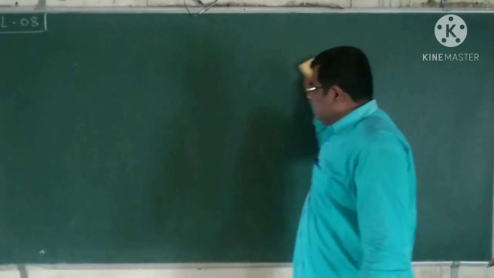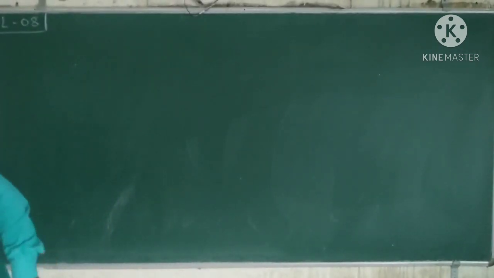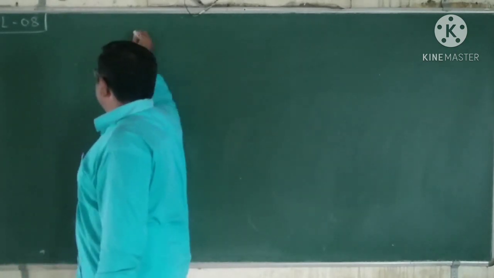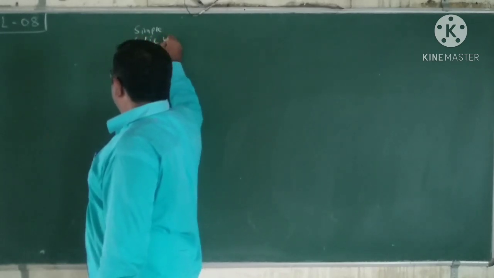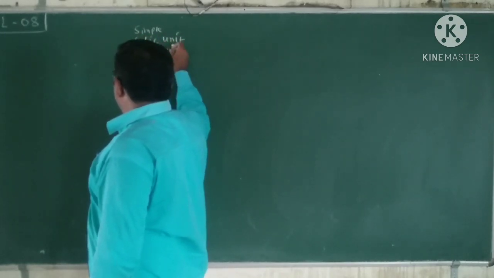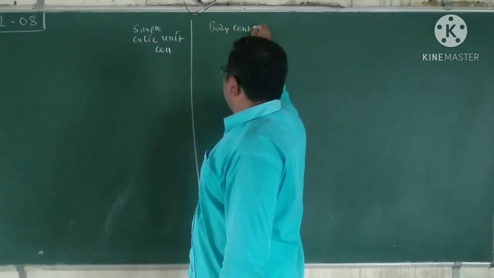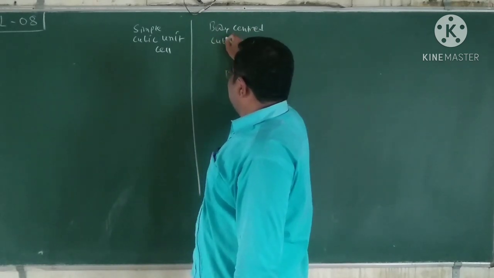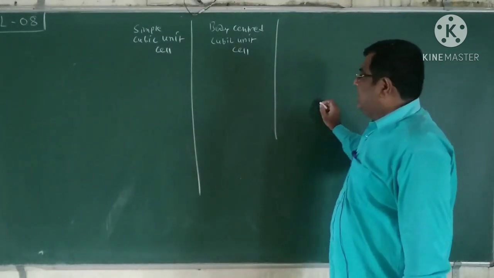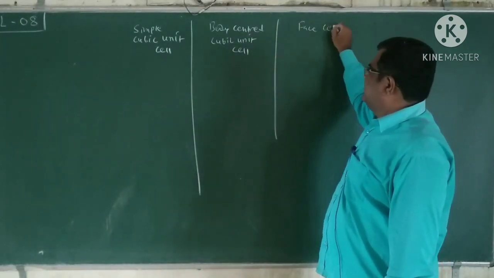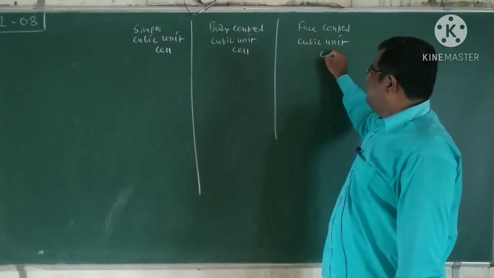So in this table which we are writing now, we can write simple cubic unit cell, body centered cubic unit cell, face centered cubic unit cell.